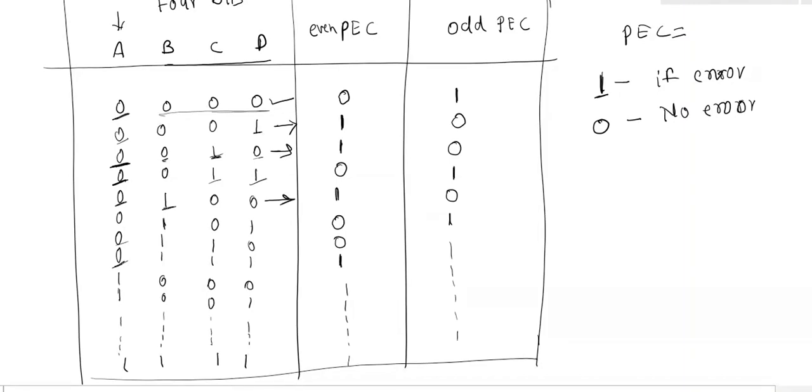So similarly complete the remaining values. Do you clear how to find out the even parity checker and odd parity checker? Yes, ma'am. Is anybody having doubt in this? No, ma'am.